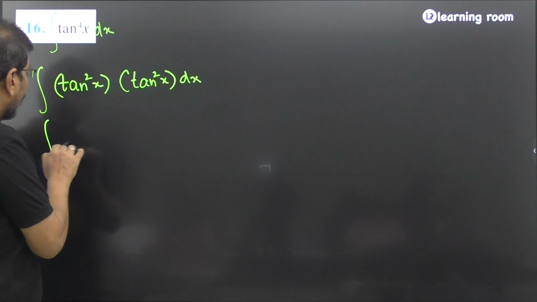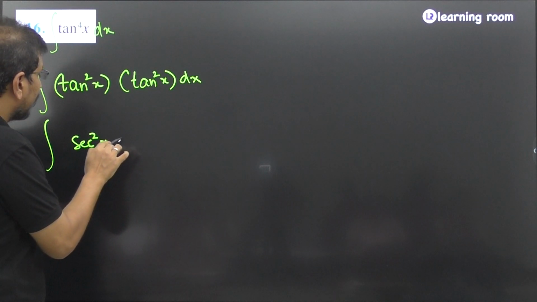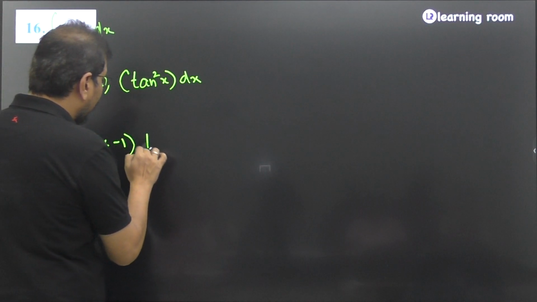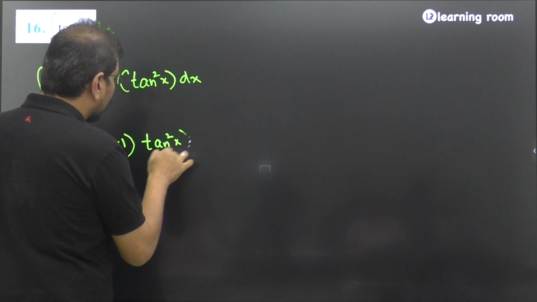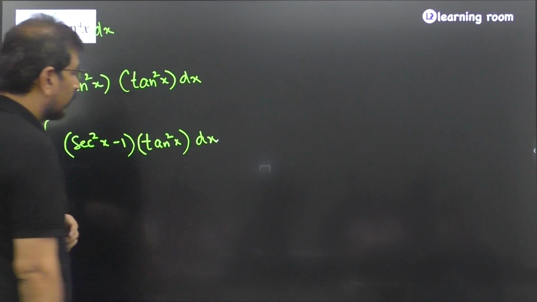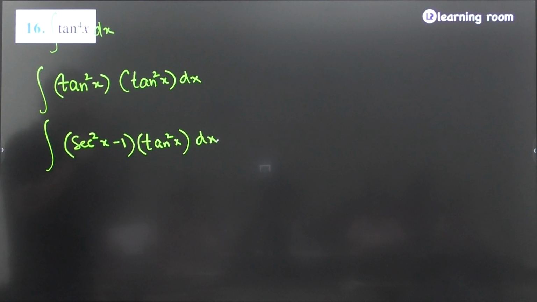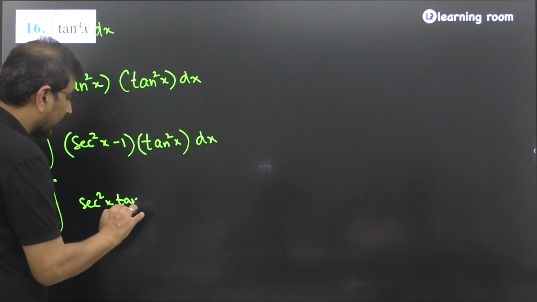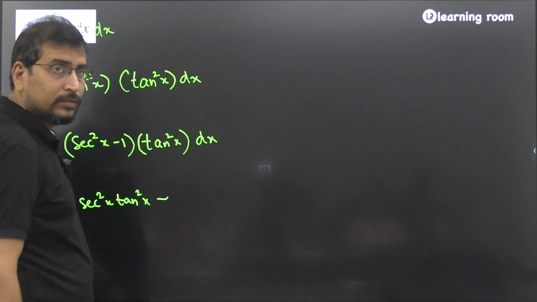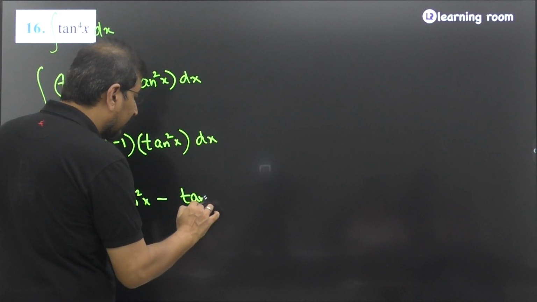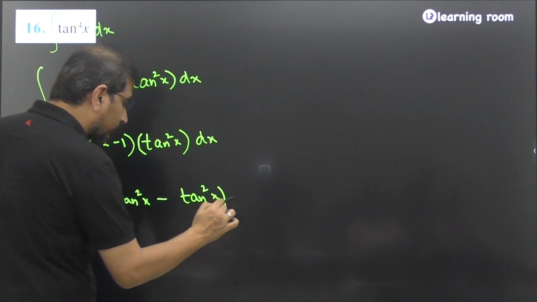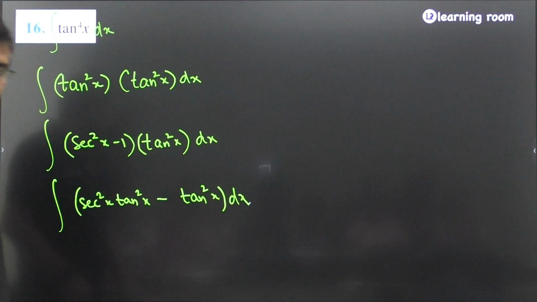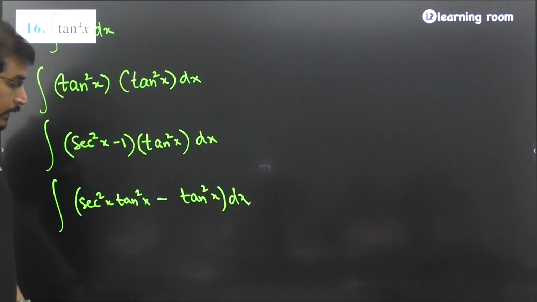So the integral of secant square x minus 1 into tan square x dx. Now you tell me, what can I do to this? So I can write this as integral of secant square x into tan square x minus tan square x, dx. Can I do it like this? Right.